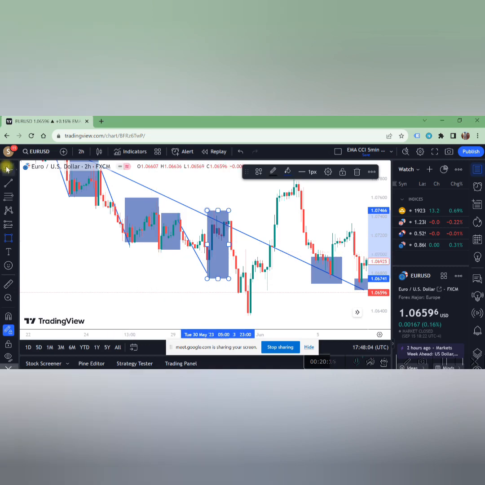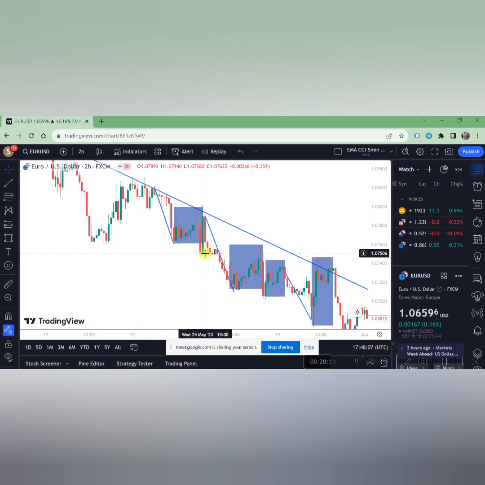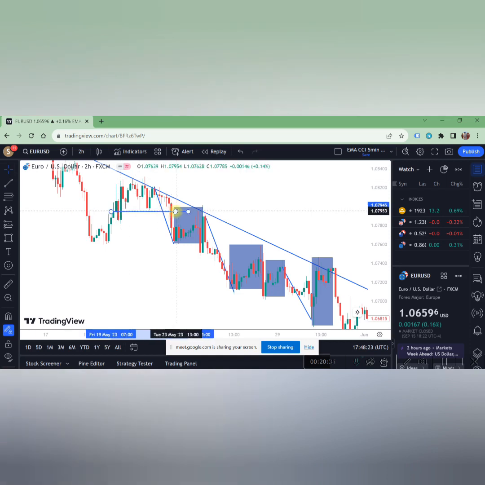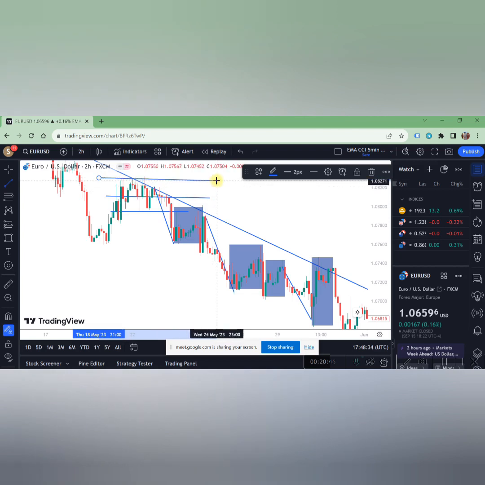You realize that every time it does the down movement and wants to go back up, it's always hitting either the beginning, or the middle, or the top. These three areas, this point and this point, are the most important points in your trading.